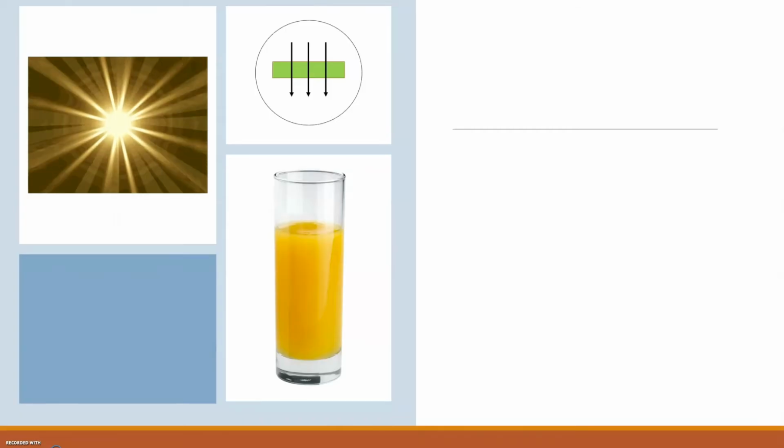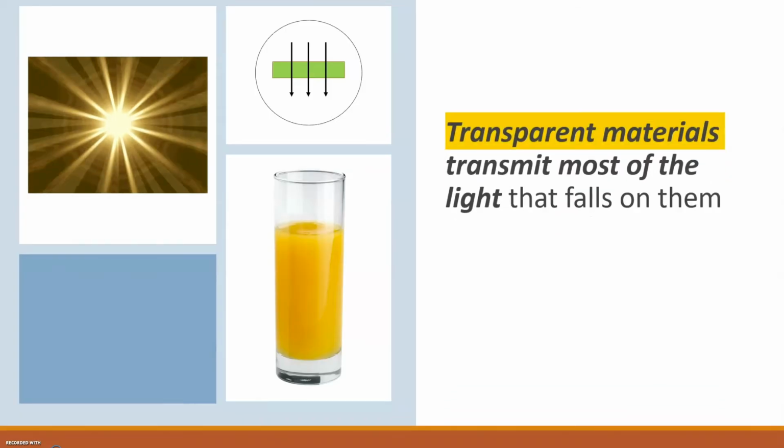Okay, now let's begin. Materials around us, as we see, respond to light in different ways. It depends on the material. So we will first talk about this first material, which is transparent materials. Everybody repeat after me.